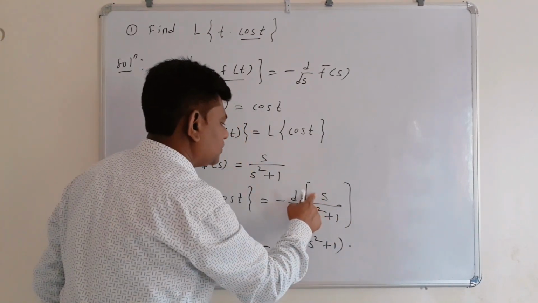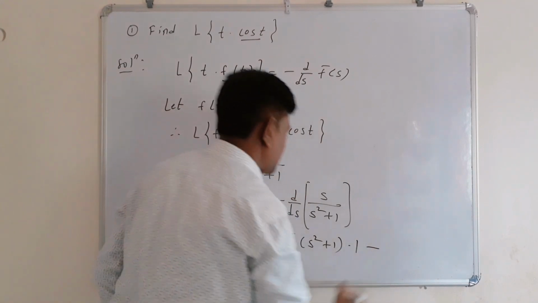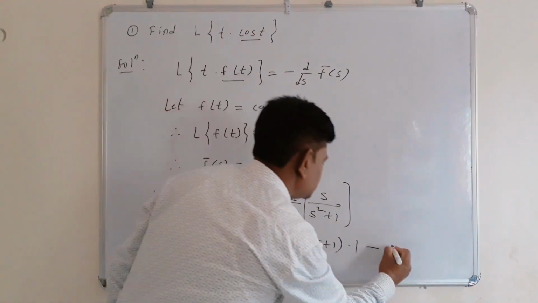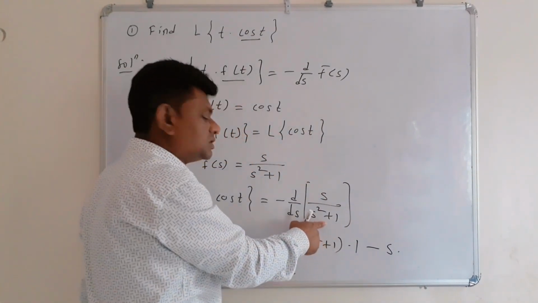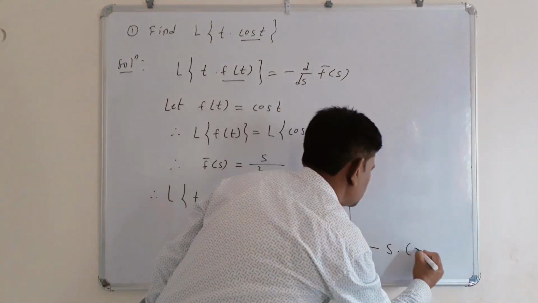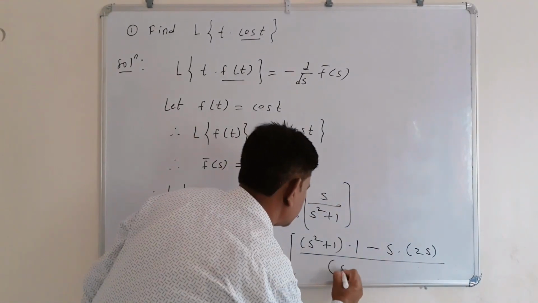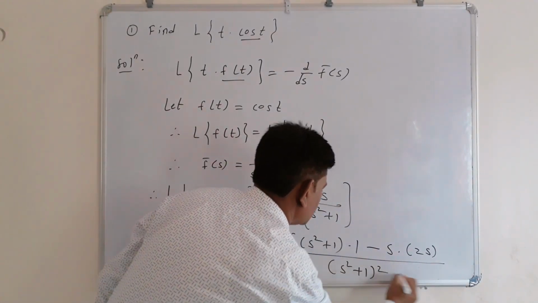Now derivative of this numerator means derivative of s, the answer is 1, minus numerator as it is, derivative of this denominator means derivative of s square plus 1, the answer is 2 times s, upon denominator square, the s square plus 1 whole square.